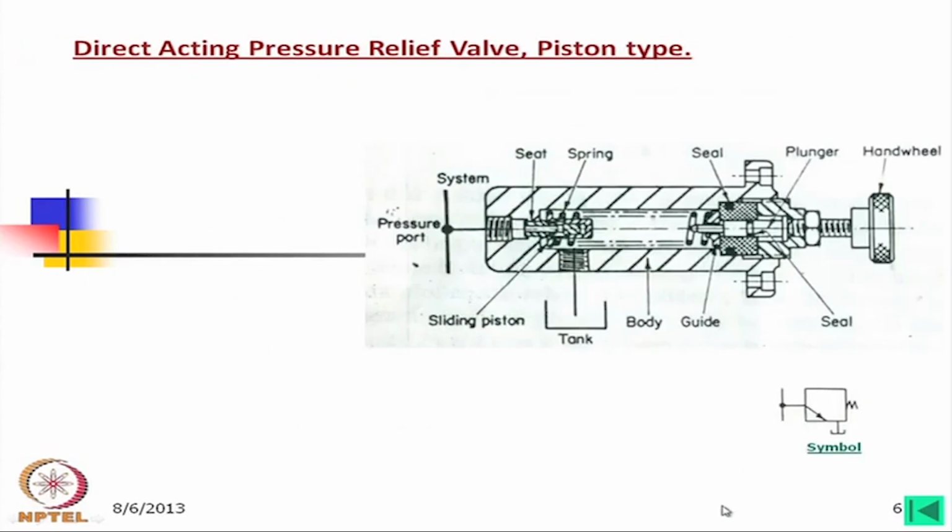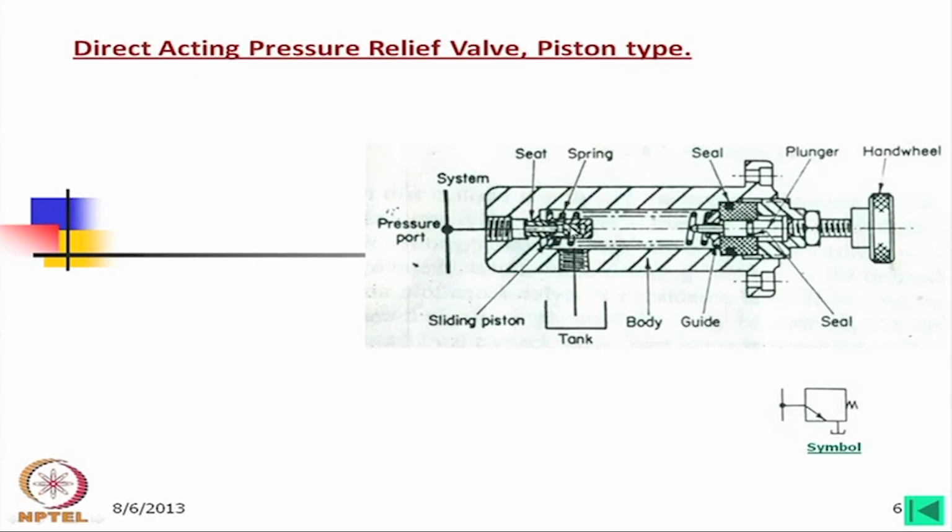Now, next one is the direct acting pressure relief valve, piston type. Again this is also direct acting, but instead of a poppet or cone, we have used a piston. If you look into this part, there is an orifice which is giving pressure to this piston, which is a cap type.